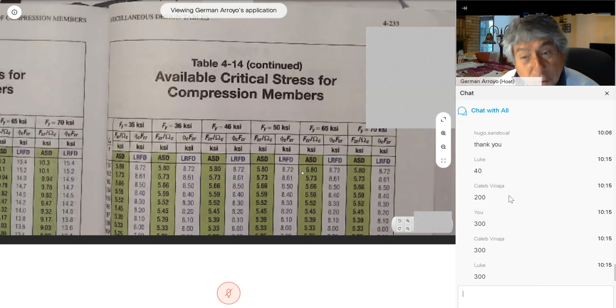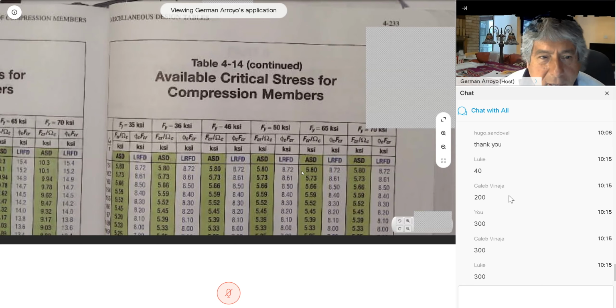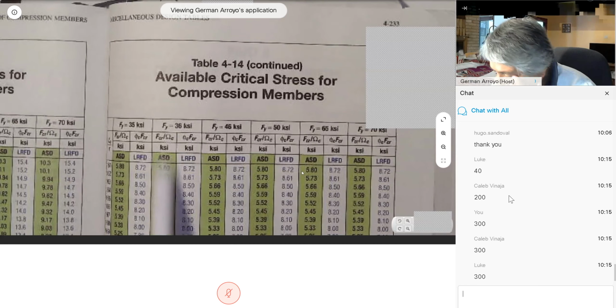For tension design, it was recommended. But for compression, it cannot exceed 200. So KL over R has to be smaller or equal to 200, never larger than 200. That's why this table goes all the way to 200.